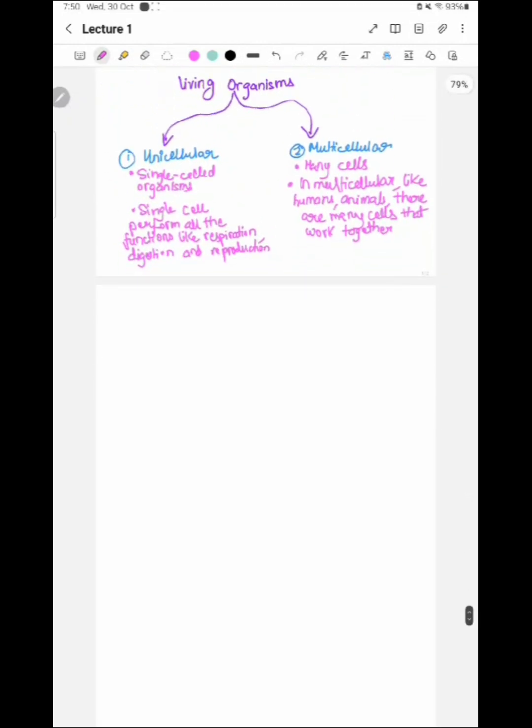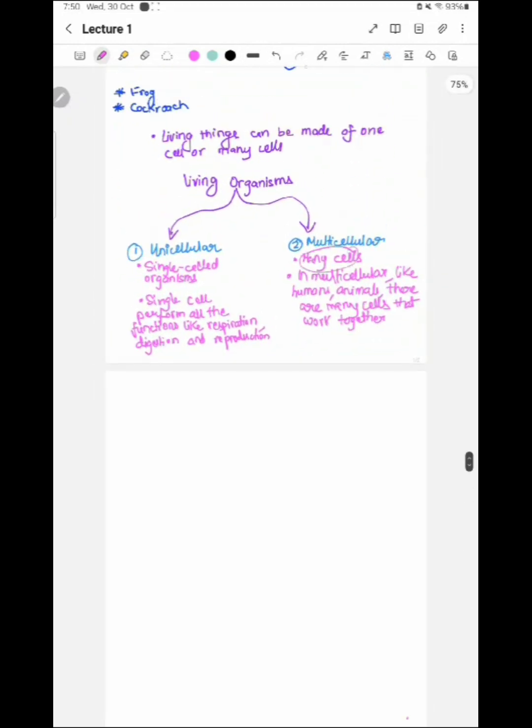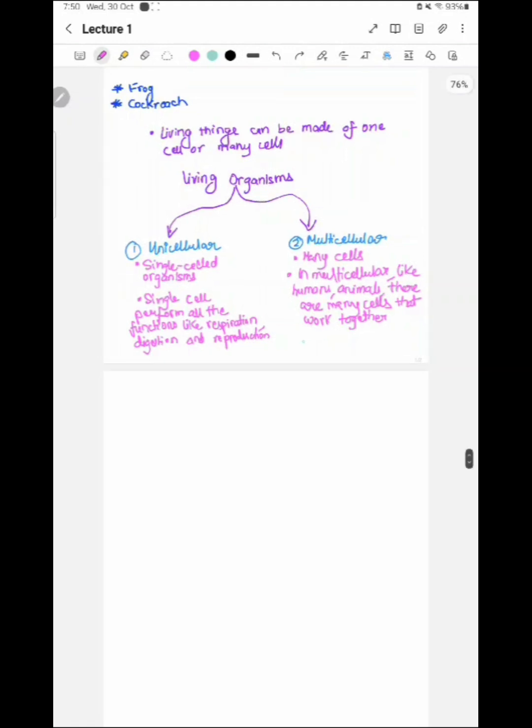पर मल्टीसेल्यूलर में मैनी सेल्स होता है. ठीक है, इधर पे सिंगल सेल नहीं होता है, मैनी सेल्स होता है. तो इधर पे different functions are performed by different cells, tissues, organs and organ system.